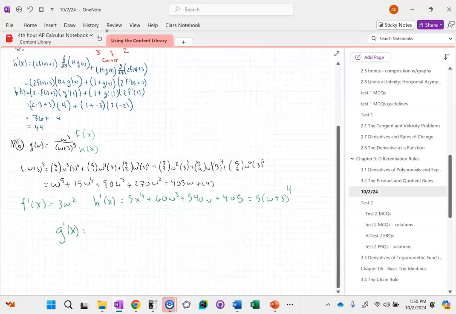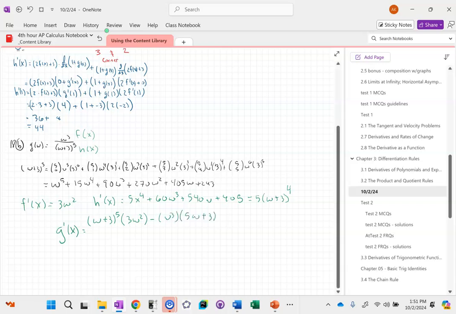All right. So we have the bottom times the derivative of the top minus the top times the derivative of the bottom, all over the bottom squared, right? If I look at the top, I notice I have a greatest common factor of (w+3)^4.